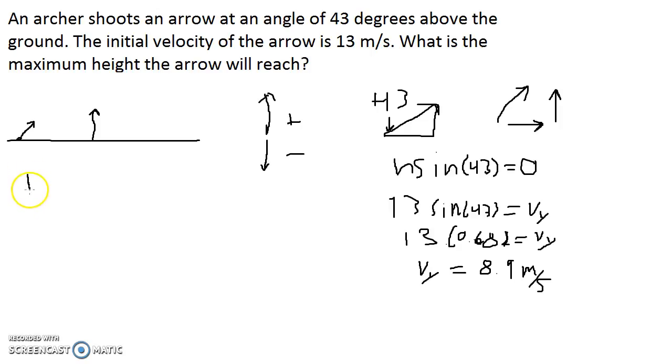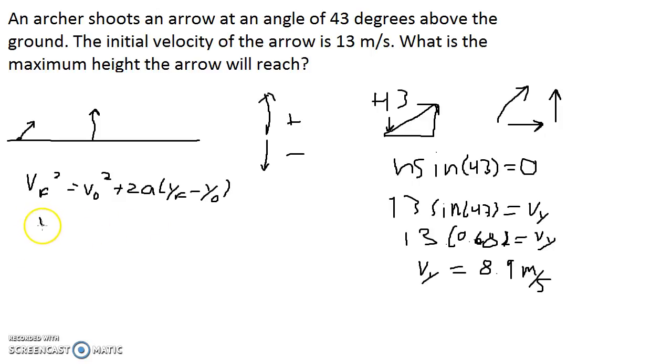So we'll just go ahead and write it out here. We have the final velocity squared equal to initial velocity squared plus 2 times the acceleration, and then the difference between y final and y initial. What we're going to do next is solve for this difference.